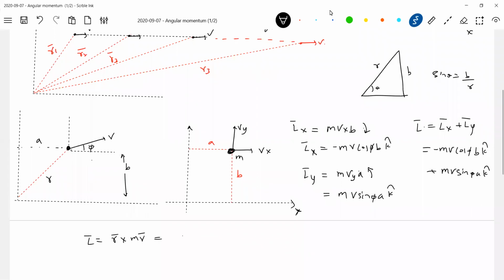Will I get the same answer? Yes, you'll get the same answer. See, don't just read theory, take some example and analyze it. Cross m, and what is V? V cos phi i cap plus V sin phi j cap. Now take the cross product and check it, you'll end up with the same answer.